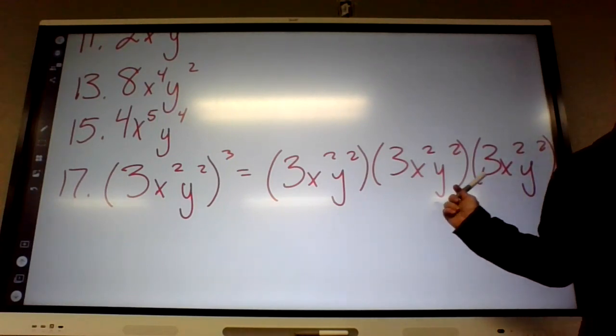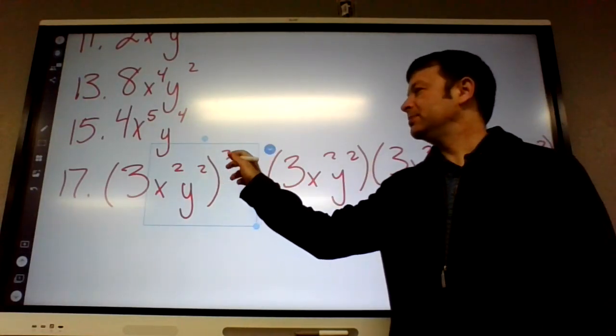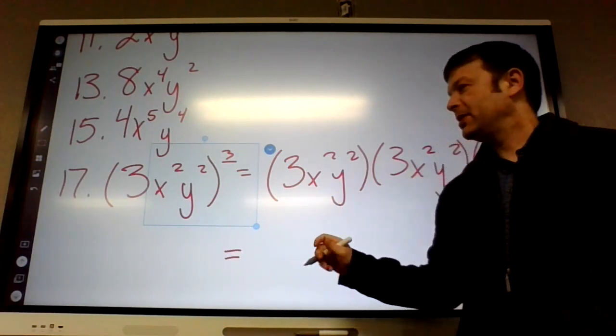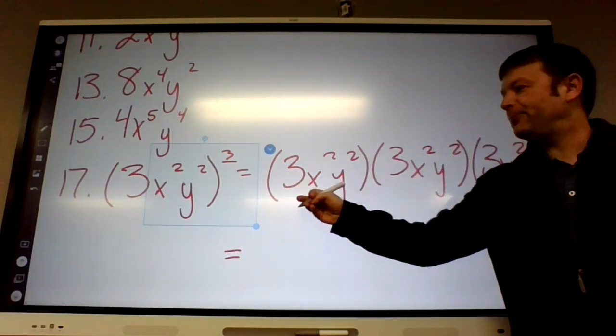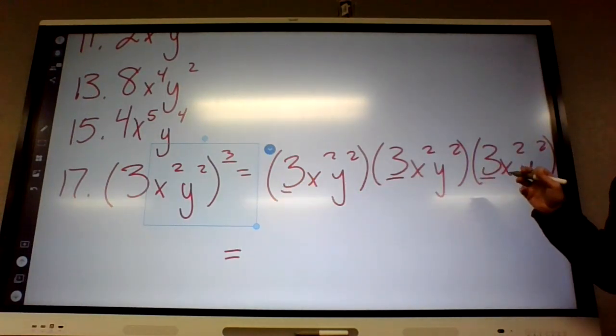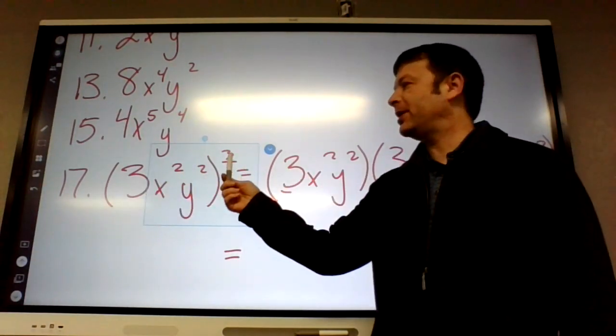Okay, why did I write that? Because it's the third power. Okay, what's gonna happen with this 3? 9. No. 27. It's 3 times 3 times 3. It's 3 cubed, basically, right?